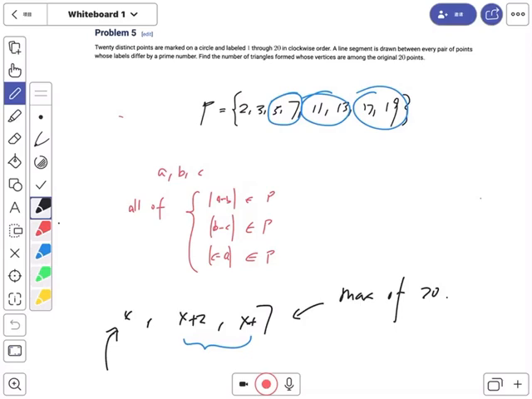The minimum of x is 1. So this gives us 1, 3, and 8. So basically the minimum is 1 plus 7, which is 8. This is case number 1. So for this one to be satisfying, we have 20 minus 8 plus 1, which is equal to 13 such cases.